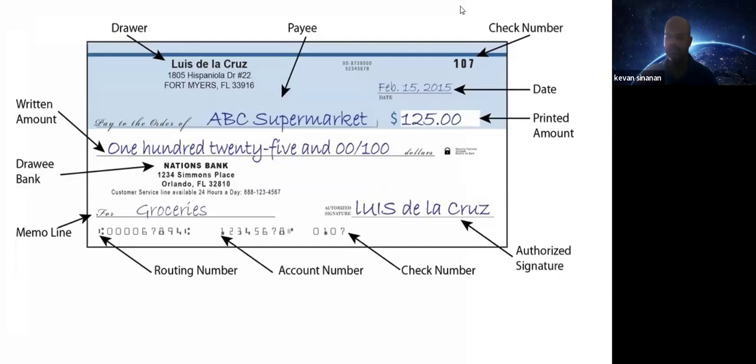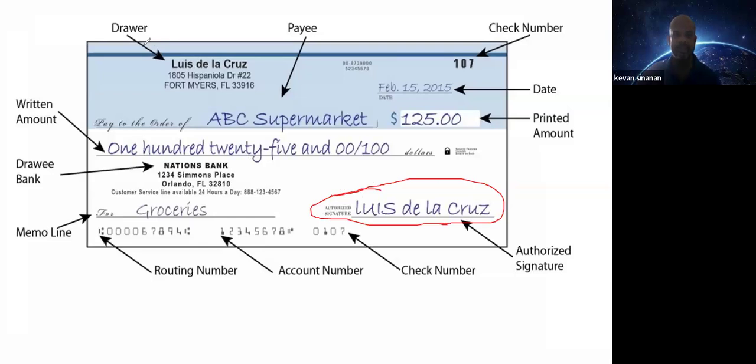Danielle, excellent. So from last class, the drawer is the person who signs off on the check, meaning the person whose account the money is leaving from.